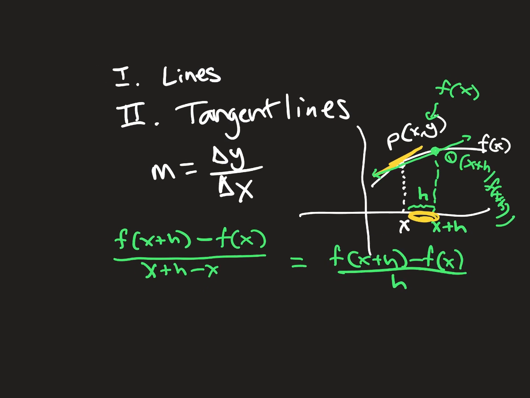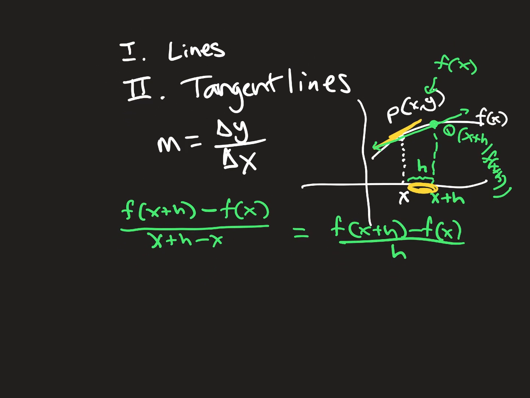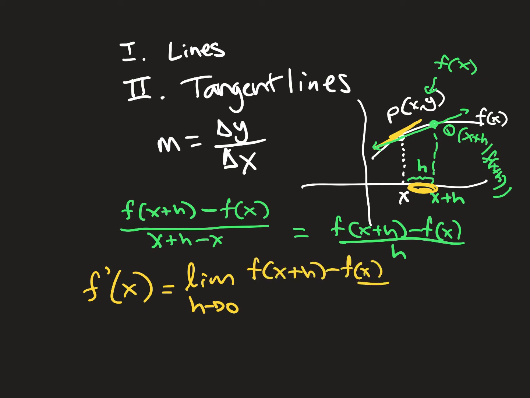So that's why we said the derivative, which we can write as f prime of x, which is the slope of the tangent line, is equal to the limit as h goes to 0, as the distance between those 2 points gets smaller and smaller, of this difference quotient. And that's called the limit definition of the derivative.